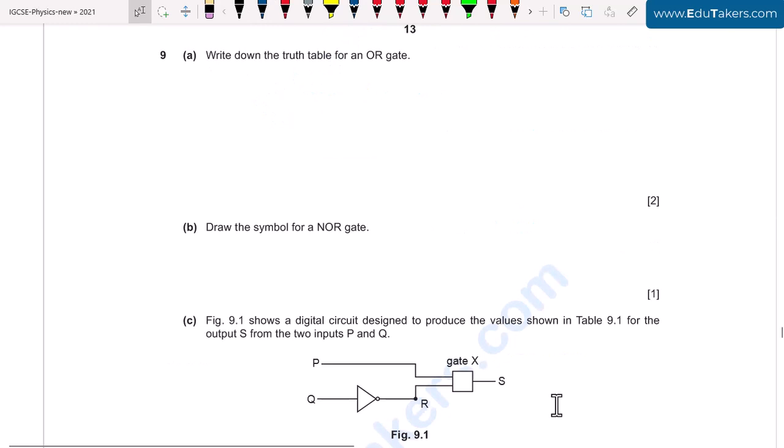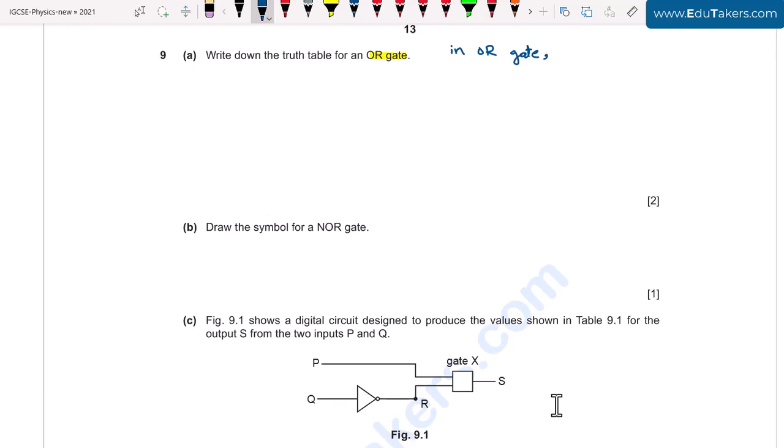Question number 9, part A. Write down the truth table of OR gate. Here we have to write the truth table of OR gate. In OR gate, when any one of the inputs is high, the output will be high.